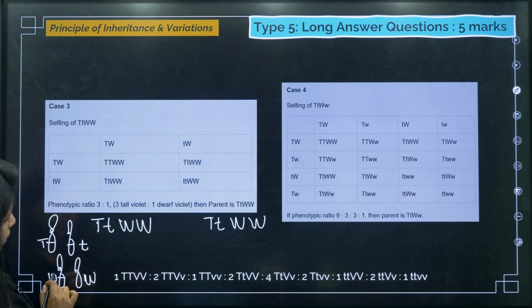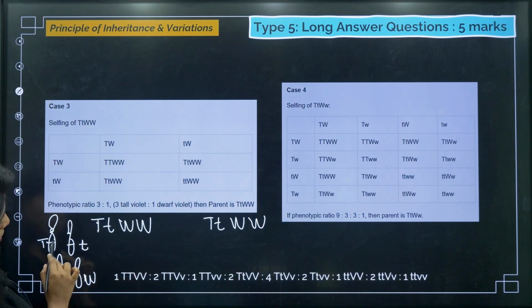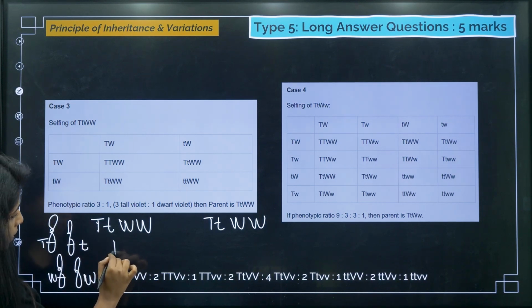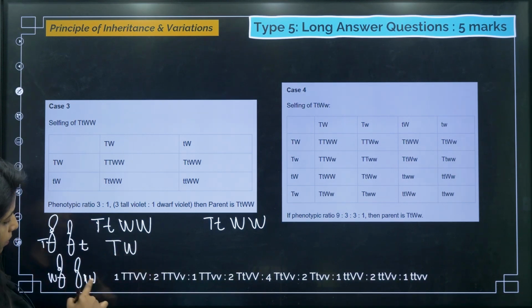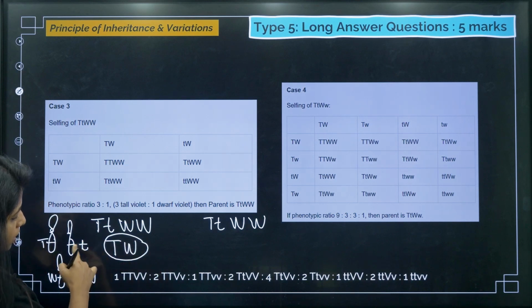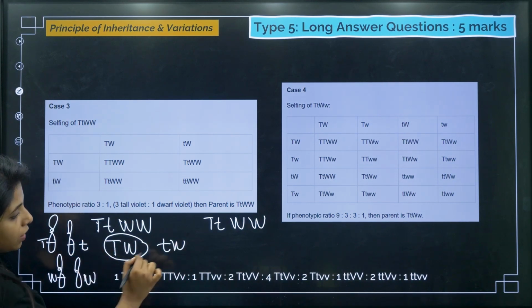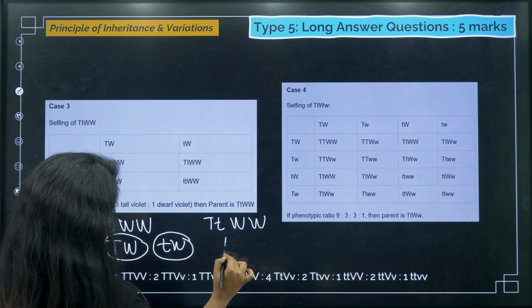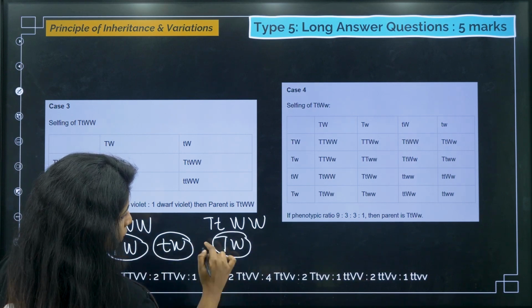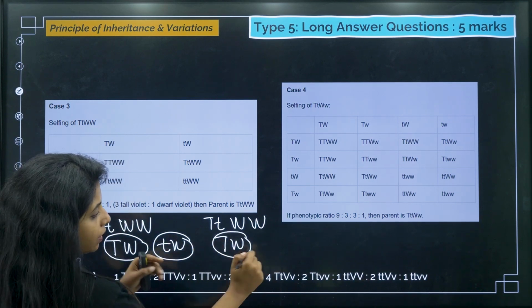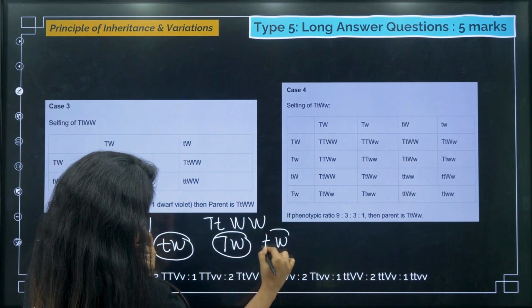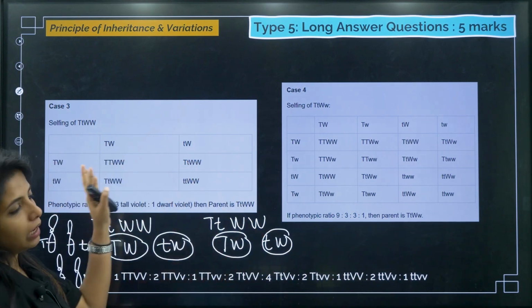Now if I make the gamete, this and this can go together. This and this can also go together. So whatever I do, I get something like this always. Then this can go together, that is small t and capital W. Here also small t and capital W. Whatever combinations I do, I get these types of combinations. Two like this I will be getting, and two like this I will be getting. I will put them down over here and try to cross them.